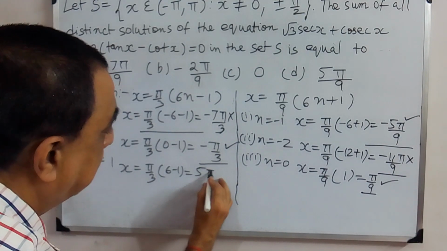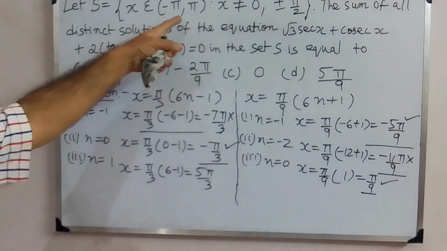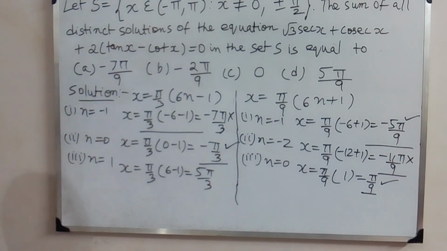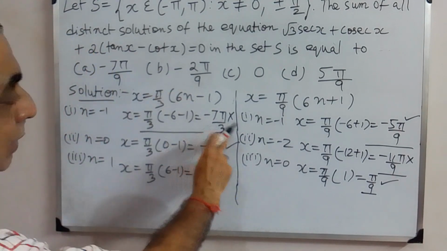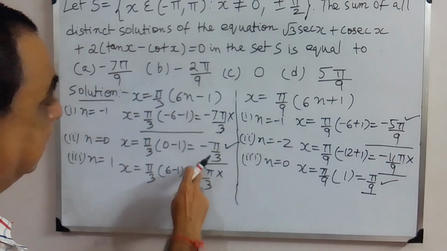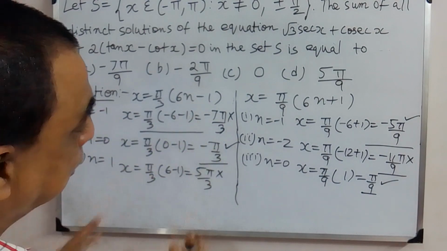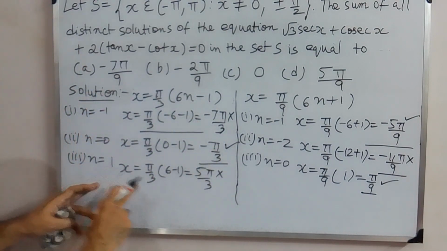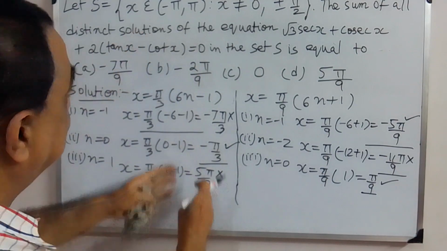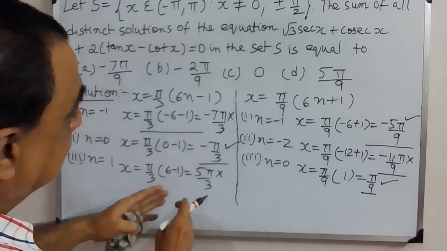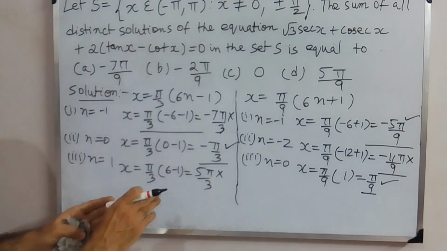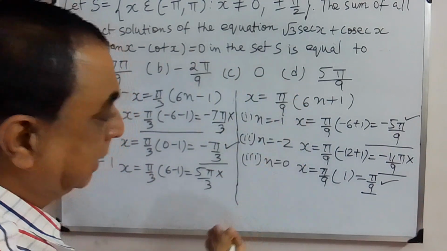So this is minus 5 pi by 3, which is smaller than minus pi, so this value will not be accepted. So from this side of the equation we got only one value of x which is lying in the range, minus pi by 3. When n is 1 we are getting a value of x out of range, so no need of checking for n equals 2 because that will be even further out of range.